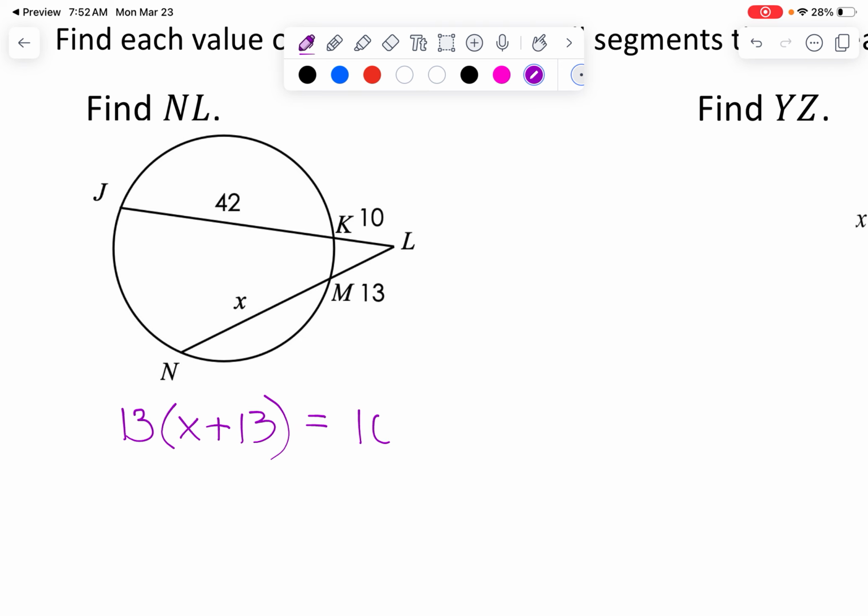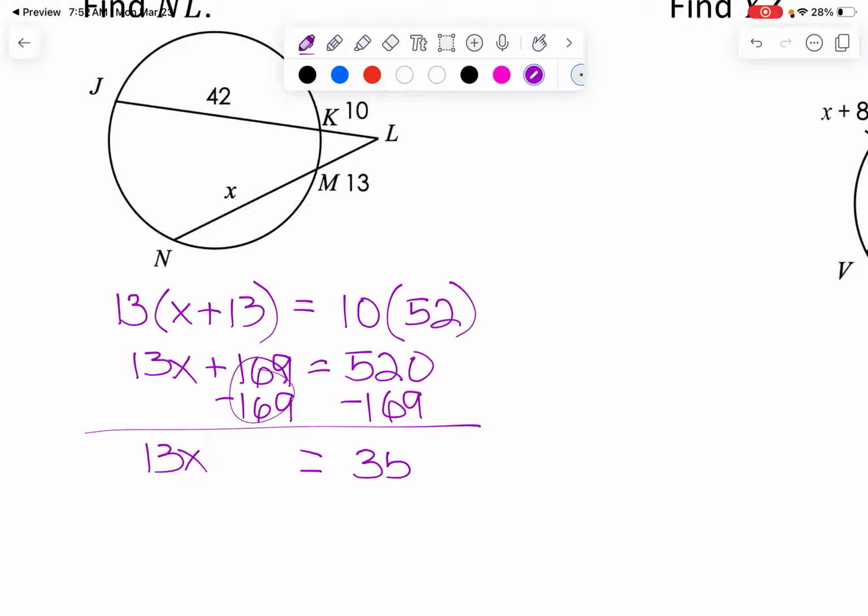Okay, so we'll do some cleaning up now. 13x plus 169 is equal to 520. If I subtract 169, I get 13x equals 351.